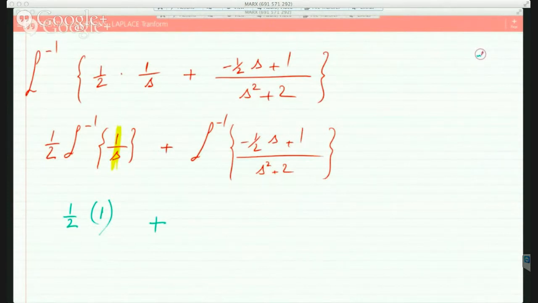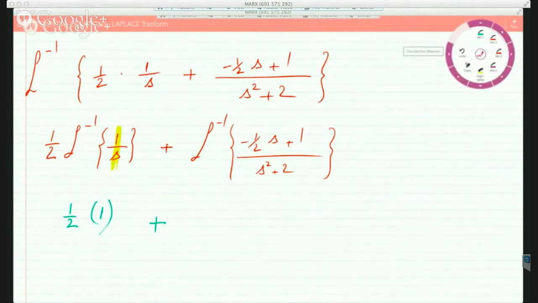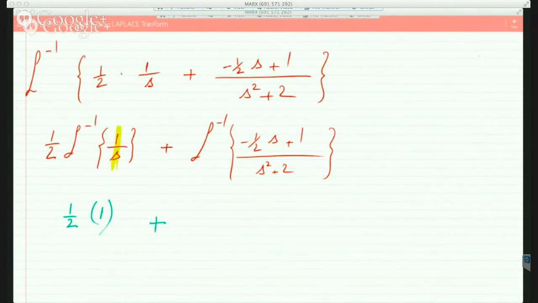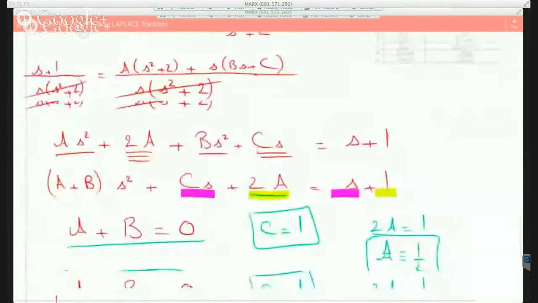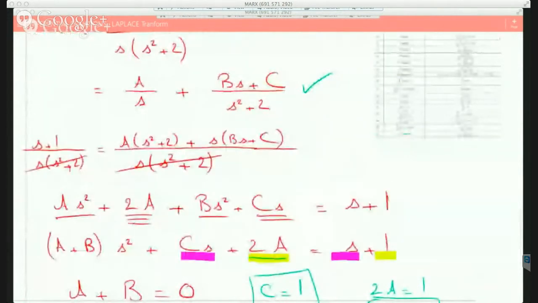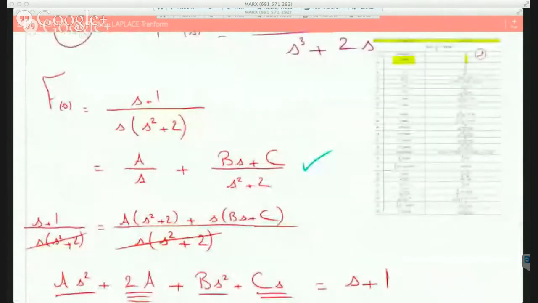Let's see how we're going to simplify this. So what we could do, because you see s squared plus 2, I have here an s squared plus. I just don't have the numerator matching.